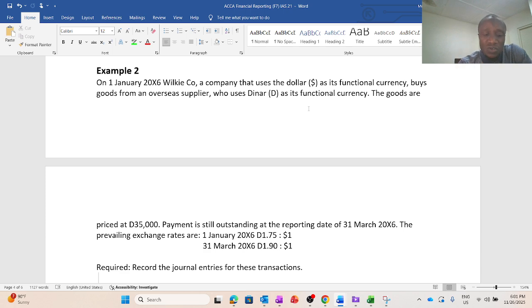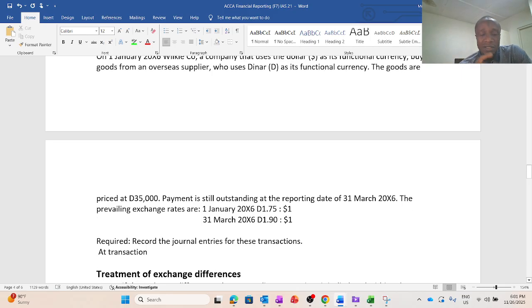But let's do the journal first. At the transaction date, let's understand what should have been done. At the transaction date, we need to ensure that we record the transaction. We need to debit the purchase and we need to credit the payables.